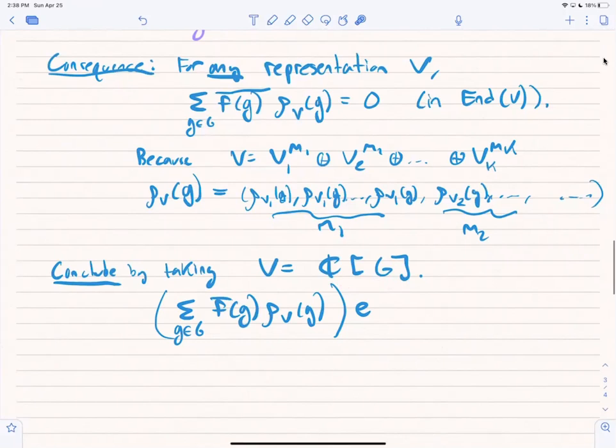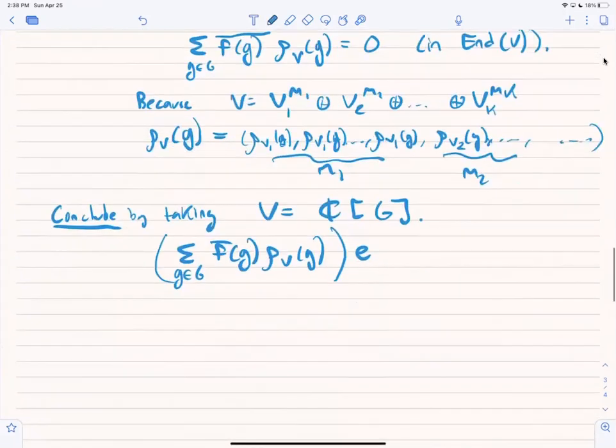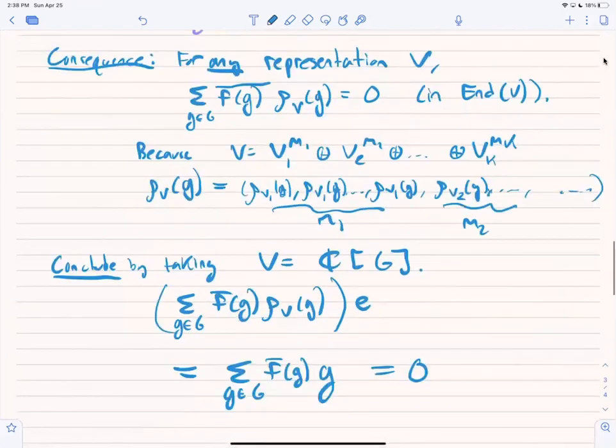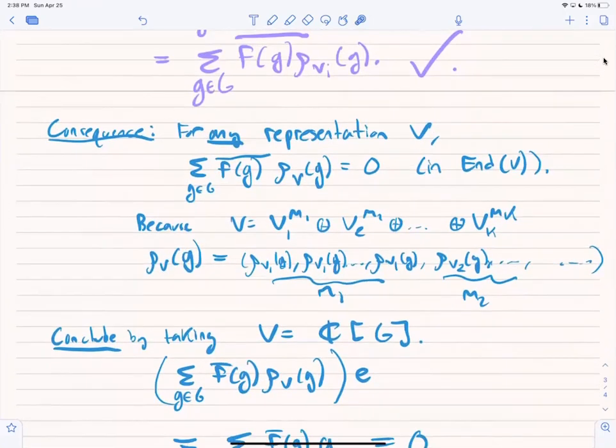So it's 1 times the regular element. Well, I'm just getting the sum over all g contained in G of f bar of g times g. And so that's equal to 0 by this consequence.